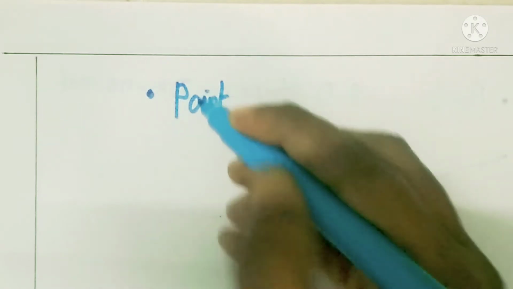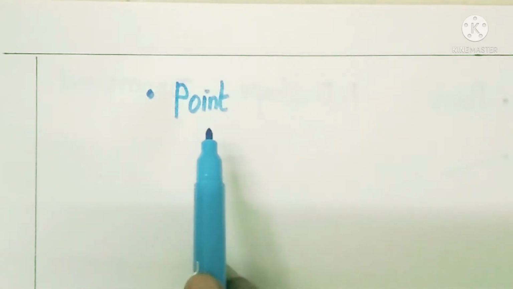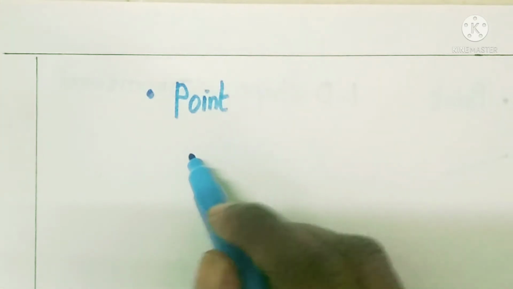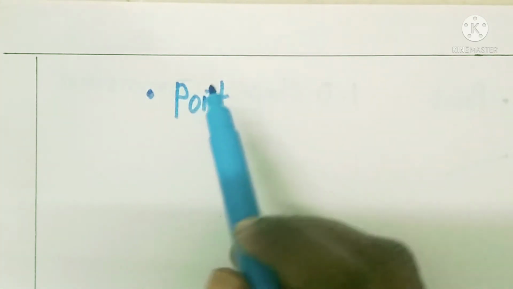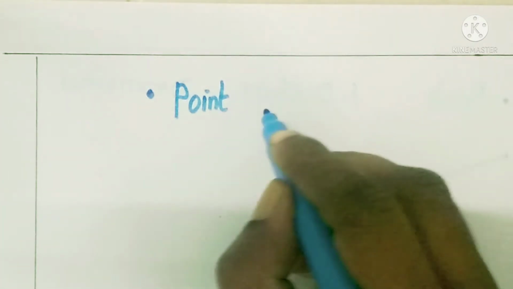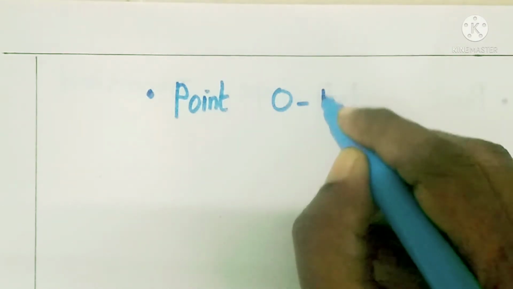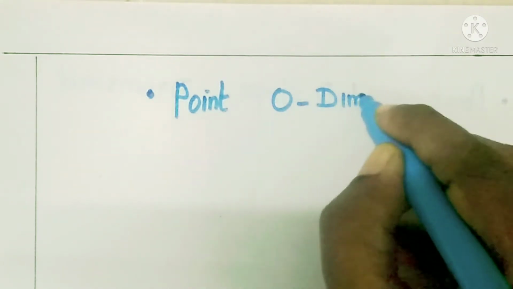Now when we learned about points, we learned that points have no length, breadth or height. What does it have? It has only a position, right? And then because it has no length, breadth or height, we say that it has no dimension, or it is a zero dimensional figure.